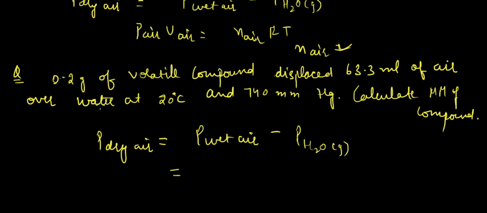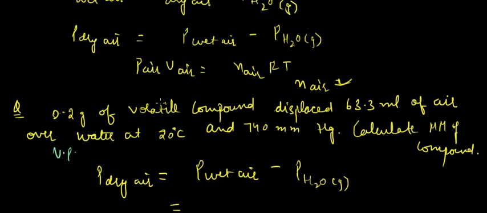Here I missed one line: you have been given that the vapor pressure of H2O(l) at 20 degrees Celsius is 18 mm of mercury.